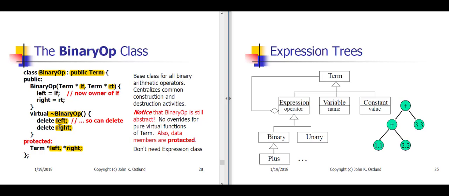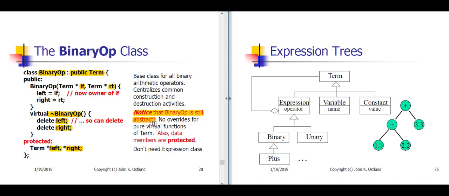Now, I want to point out here that binary op is still abstract because we did not provide any overrides for toString and toValue. So, since we did not provide specific overrides for toString and toValue, binary op is still abstract, the same as term.